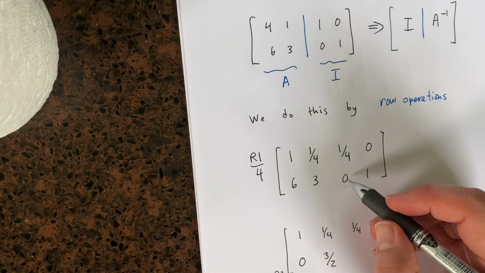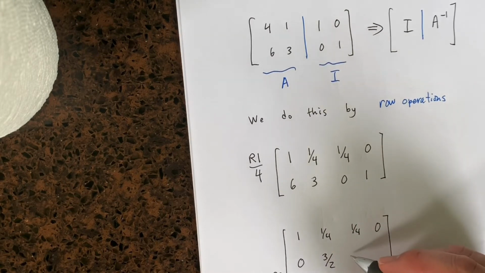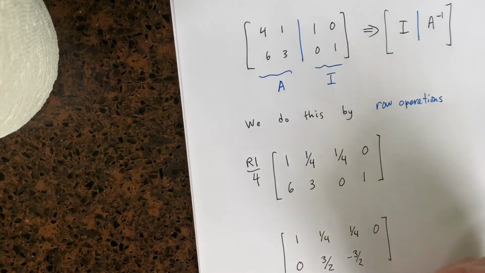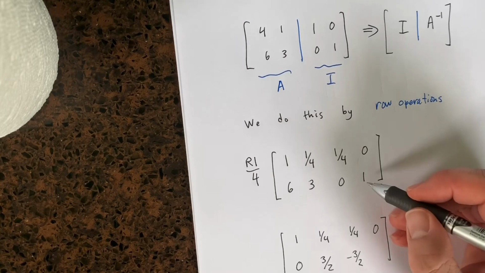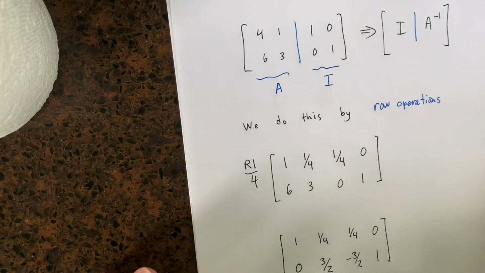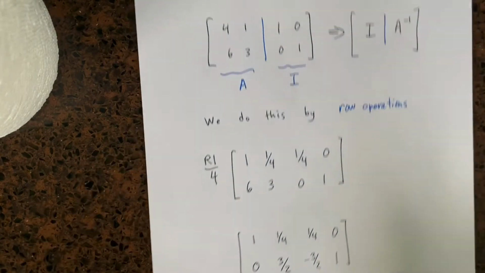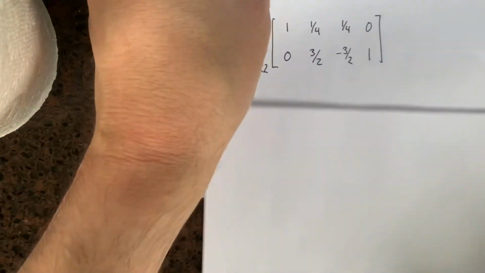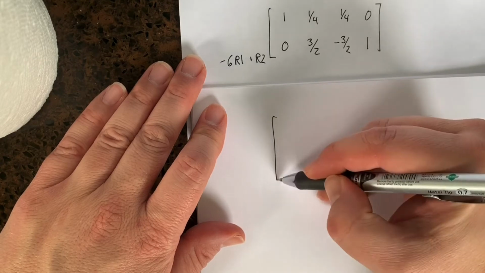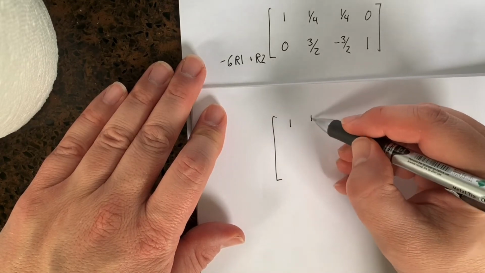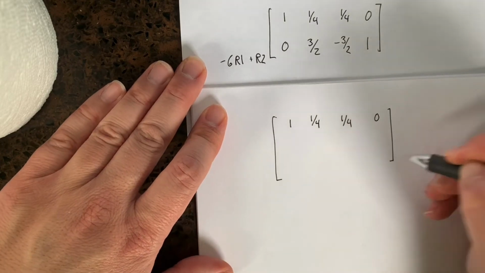And likewise here, -6/4 plus 0 is -6/4 or -3/2. -6 times 0 is 0, plus 1 is 1. And then finally, let's take row 2 and multiply by 2/3.